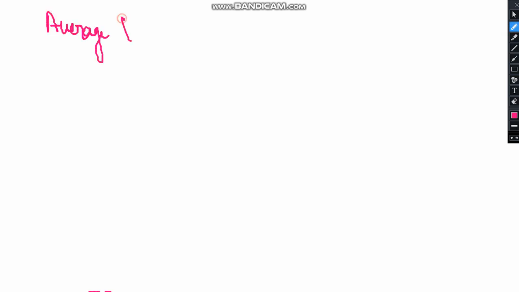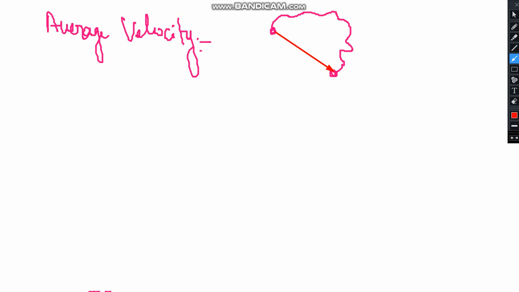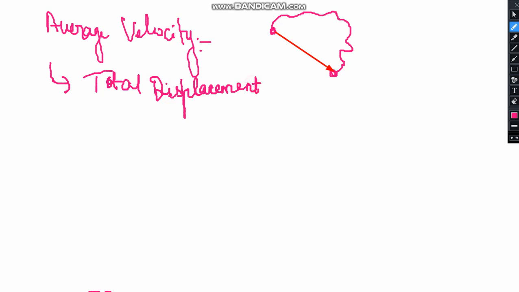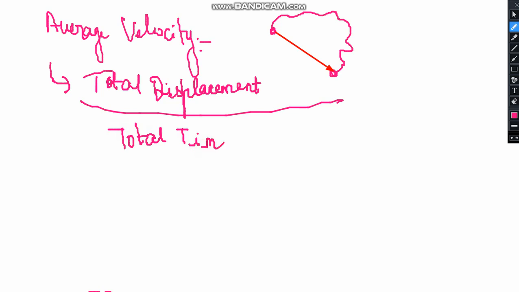Average velocity. Same thing: suppose a particle starts all the way down here and ends here. However, it has a displacement like this, as you already learned in the previous video. So average velocity is basically total displacement by total time. Suppose the distance is 8 meters with the same 3 seconds.